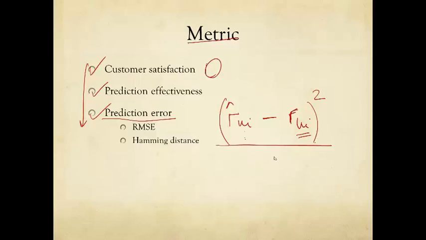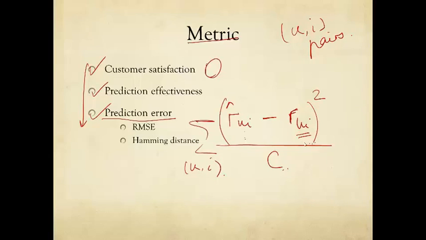And how many do I have? Let's say I've got C of those UI pairs where I would like to base my comparison of recommenders on. So I will have to sum up across those UI pairs, and there are C of them, this squared difference.